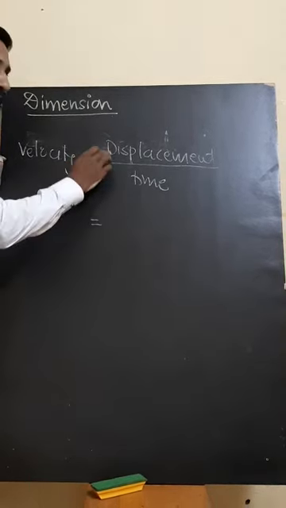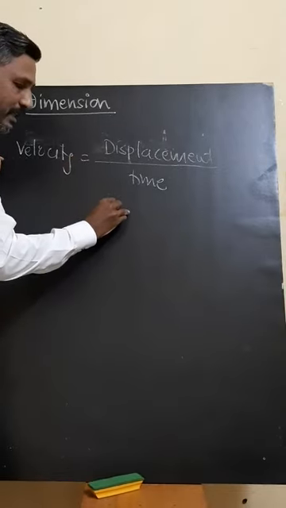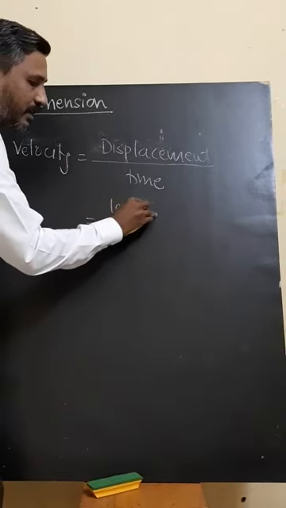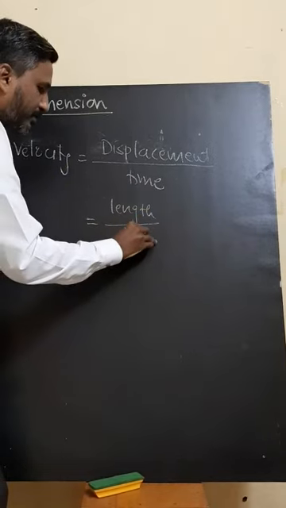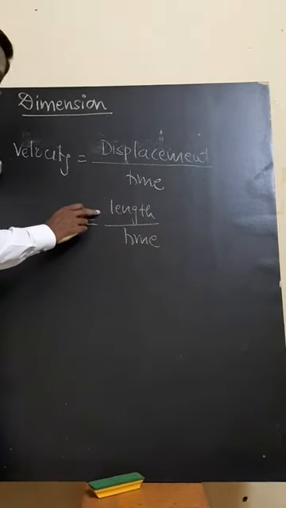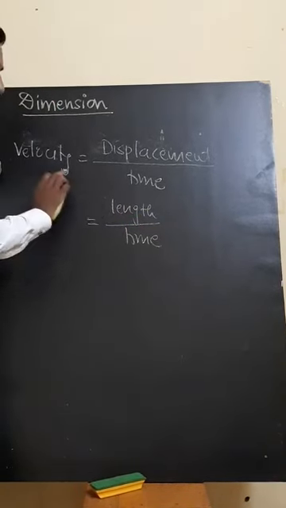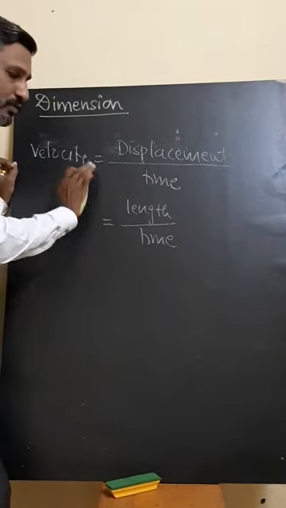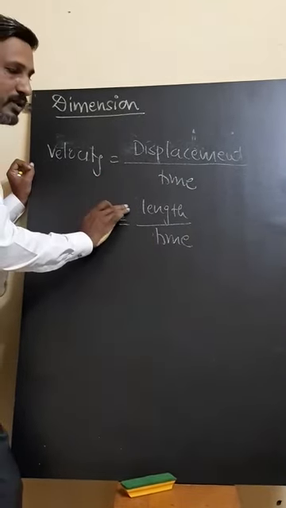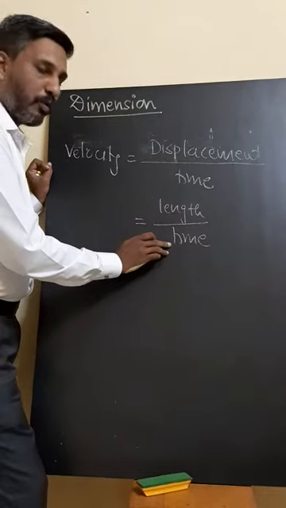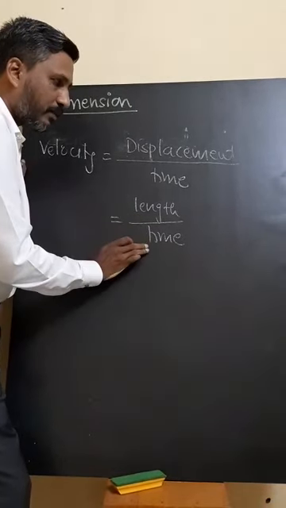Therefore, when you measure the displacement, we are measuring the distance, meaning we are measuring the length. Therefore, velocity we also write, though it is not physically correct, just for the sake of understanding, as length upon time, or distance upon time.